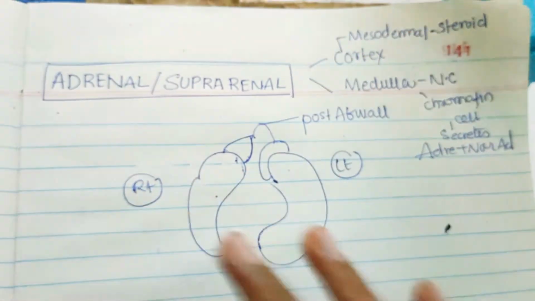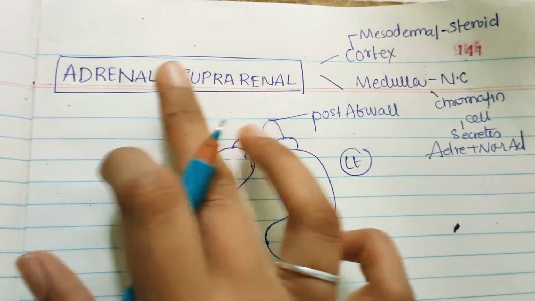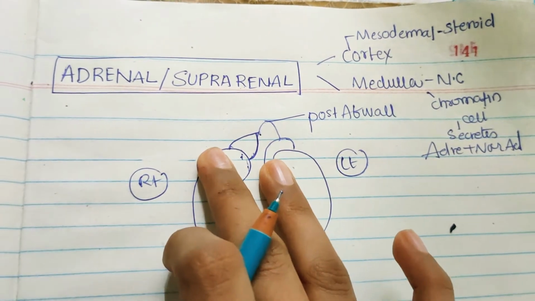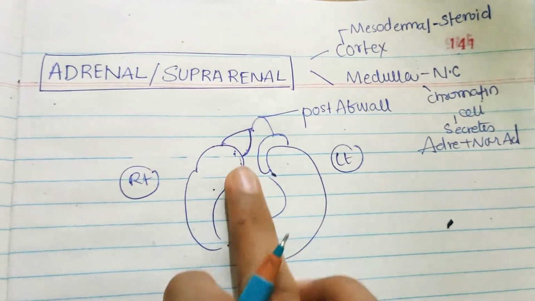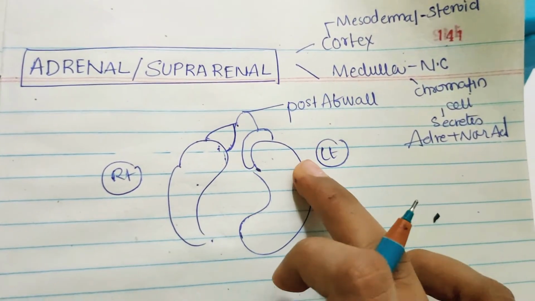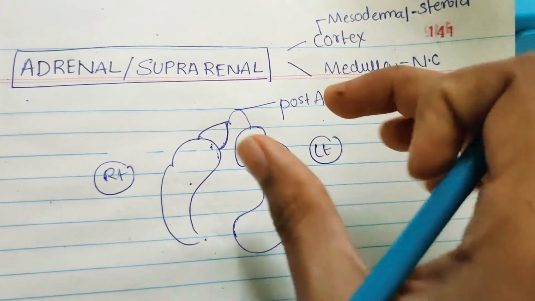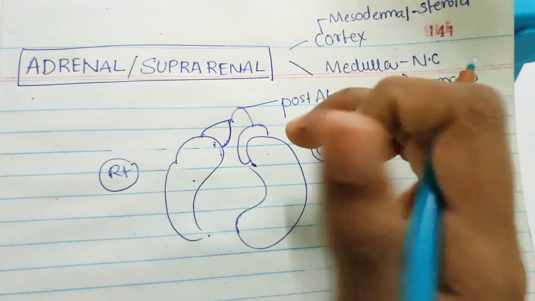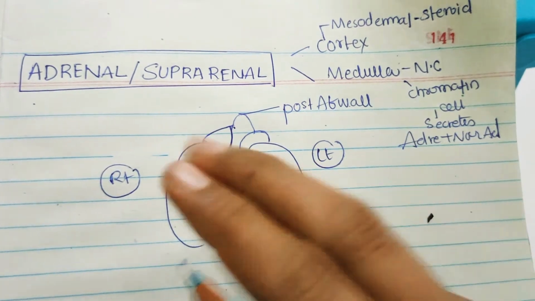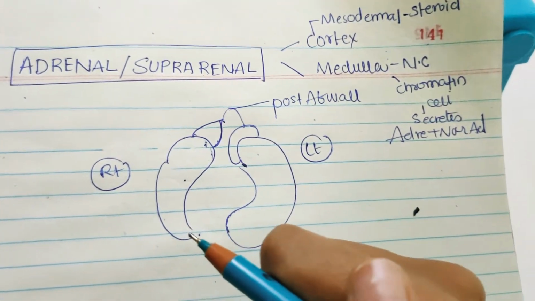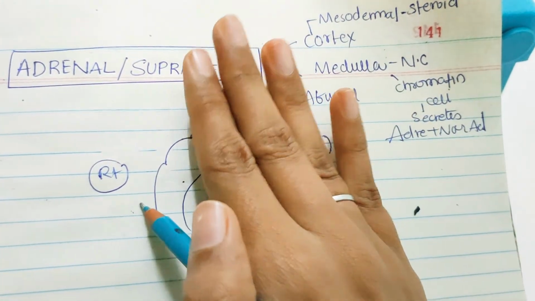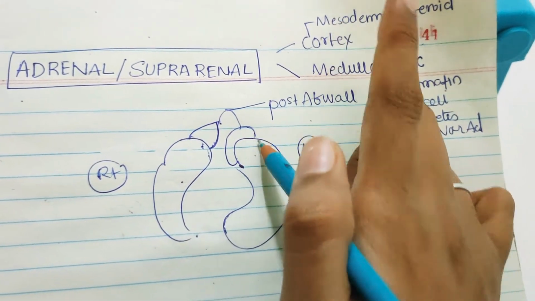So once again, let us revise what I said. Adrenal or suprarenal is present upon the kidney. On the right side it is triangular or quadrilateral, on the left side it is semilunar. They are present in the posterior abdominal wall because they are retroperitoneal, back to the peritoneum. The suprarenal gland is divided into cortex and medulla.